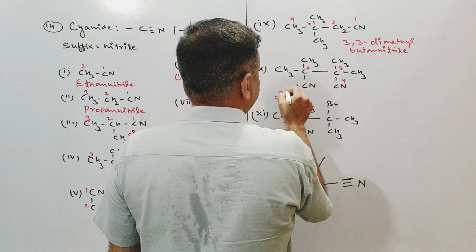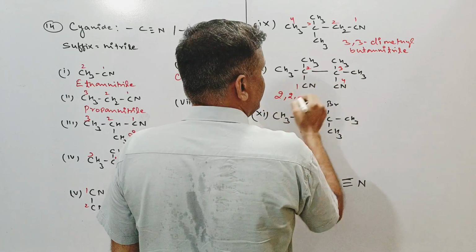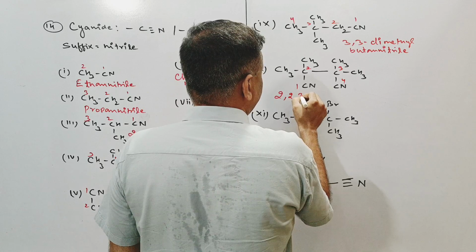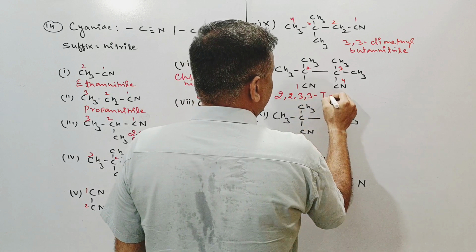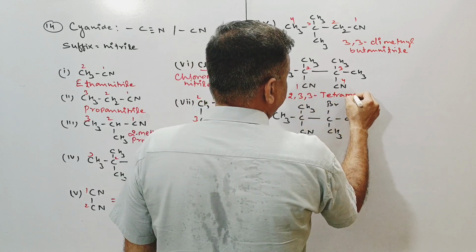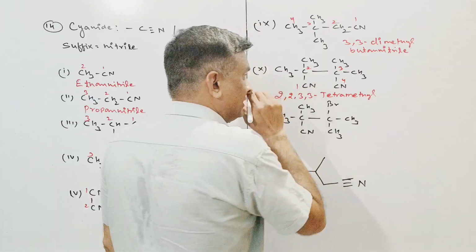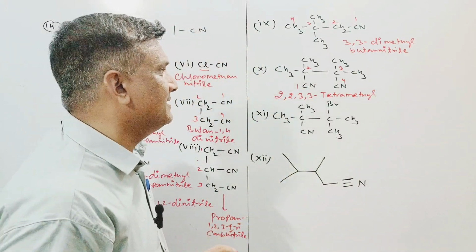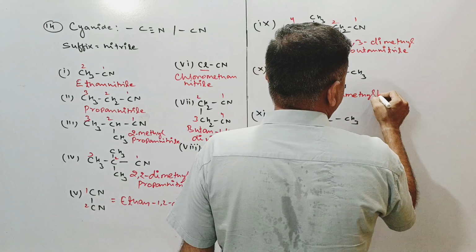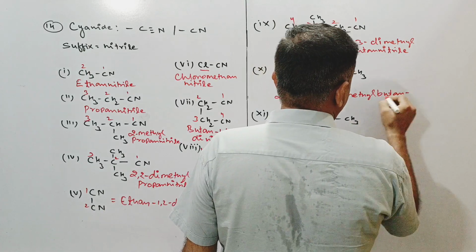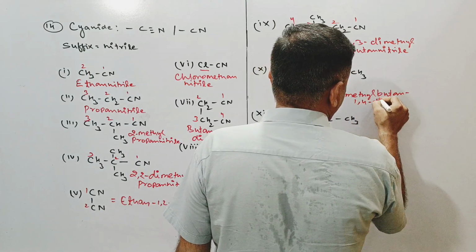Over the number 2 position there are 2 methyl, so 2, 2 dimethyl. It will be again 3, 3. So there are 4 methyl, so it will be tetramethyl. 2, 2, 3, 3 tetramethyl. It will be butane 1, 4 dinitrile.